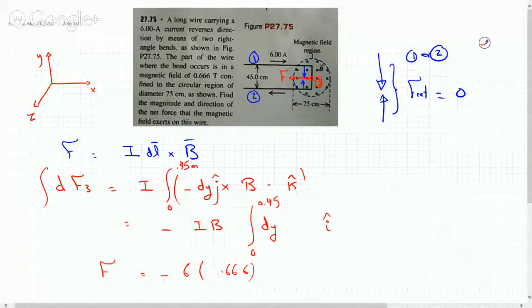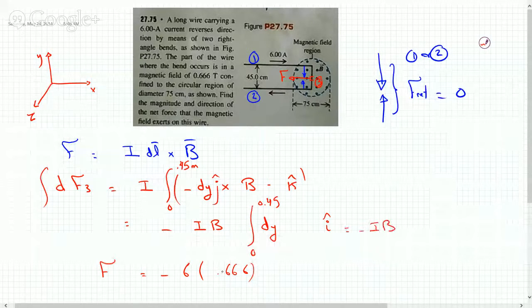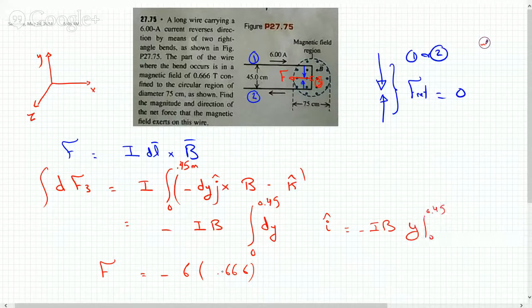The integral of dy is just y, so this is minus I B y from 0 to 0.45, and of course the answer is just times 0.45 in the i direction. So this is the magnitude of the force.